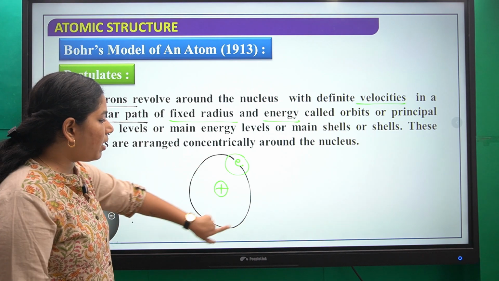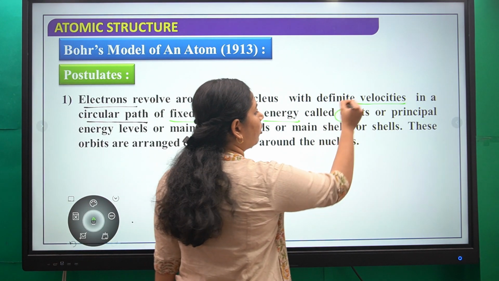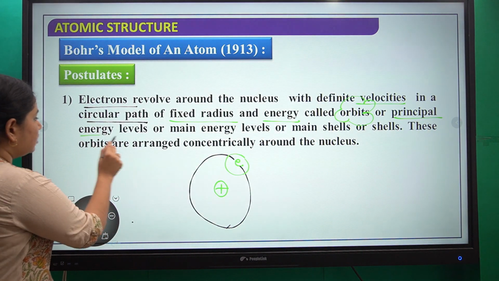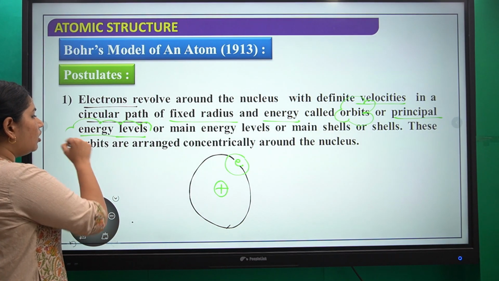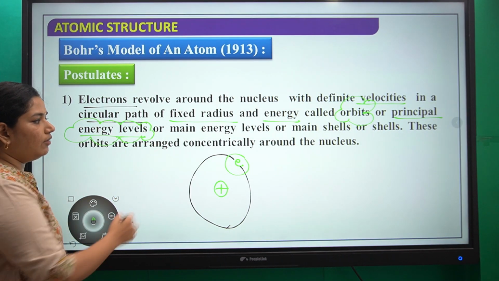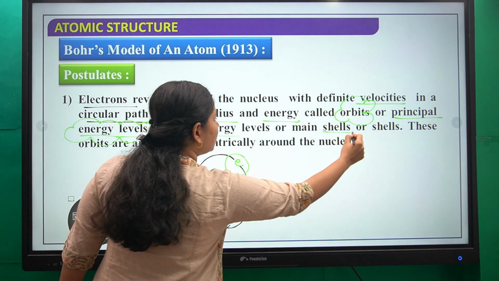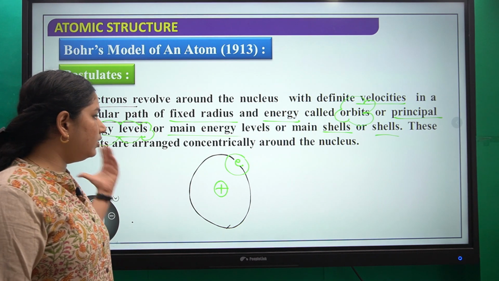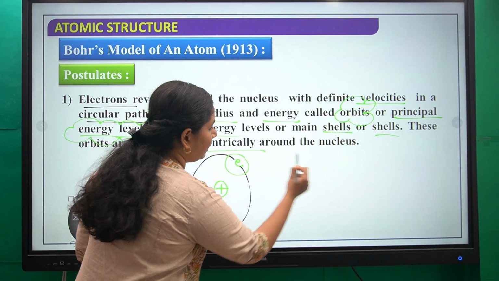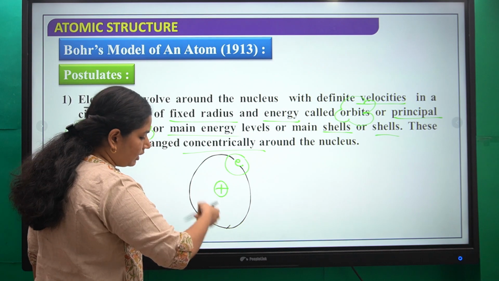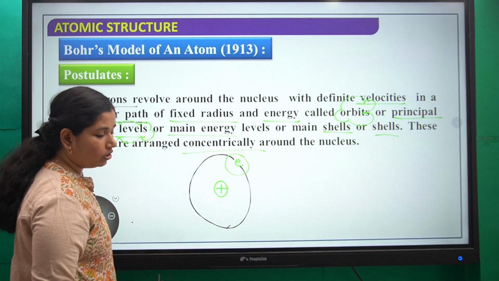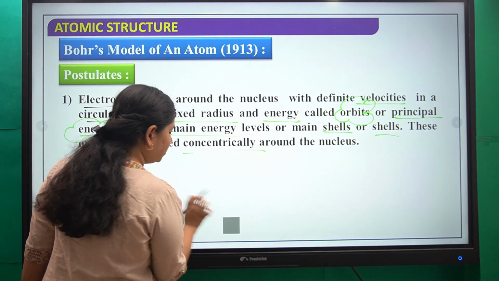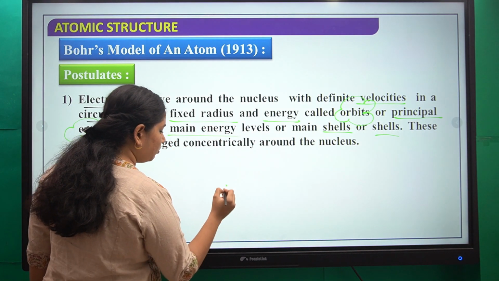These circular paths are called orbits, or we also call them principal energy levels, main energy levels, or shells, main shells. How are they arranged? They are arranged concentrically around the nucleus. Not only one orbit, we will have n number of orbits where electrons will be present.